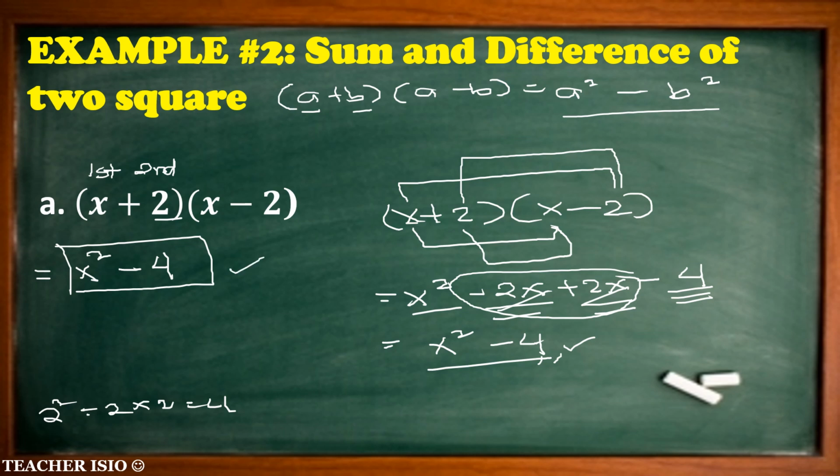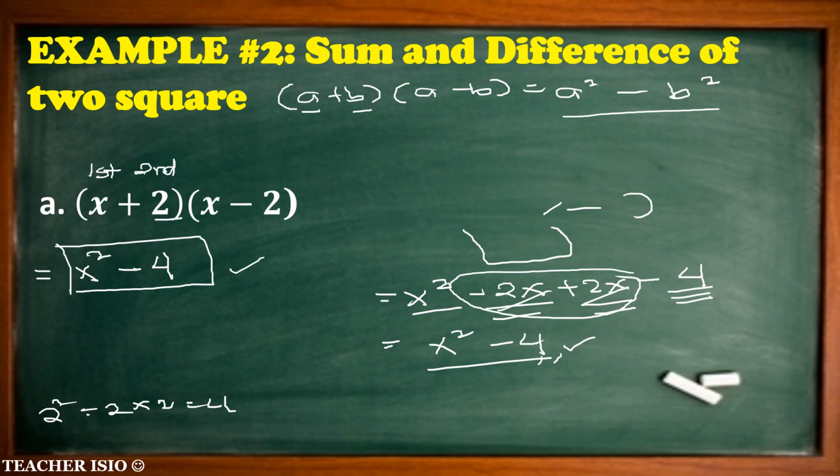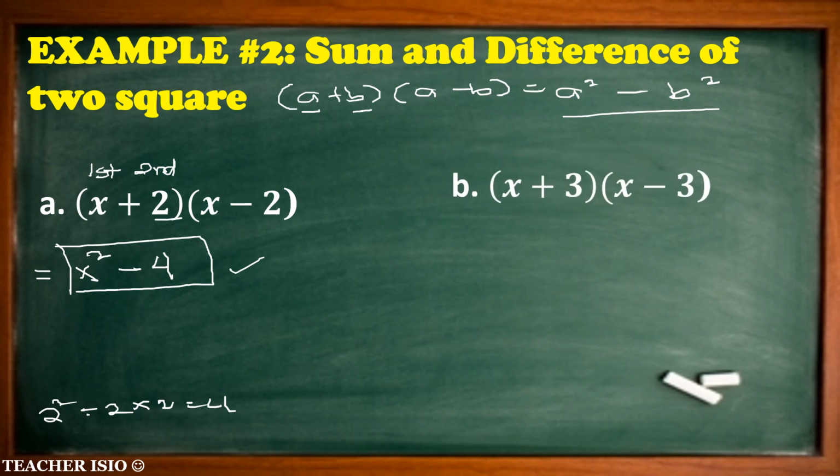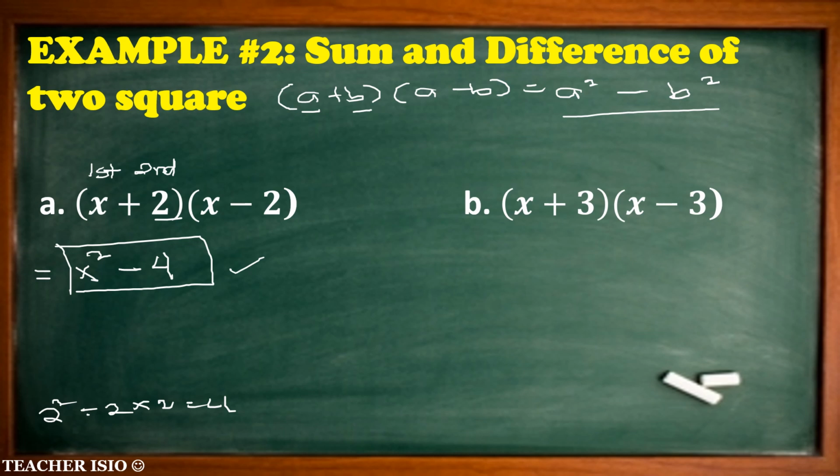So, now, let's have example number 2. In example number 2, we have x plus 3 times x minus 3. So, again, madali lang. Square the first term, which is x squared.